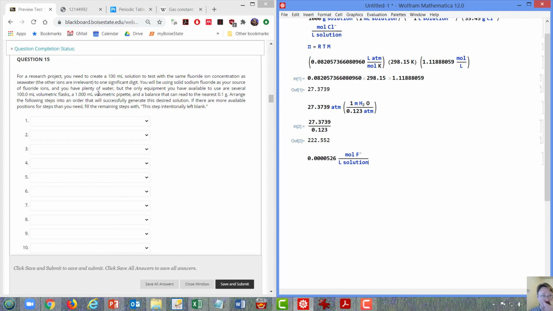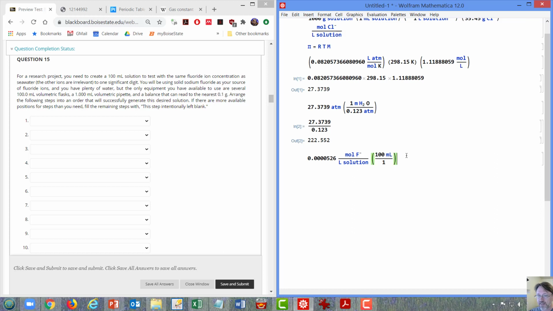And we only can do it using a 100 milliliter solution with volumetric flasks. And we are adding to it, and we are doing this by using sodium fluoride as the source of the fluoride ions. So that means that we want 100 milliliters of the solution. So we're going to take this and multiply it by 100 milliliters. I'm going to put it over 1 so that you can see what's canceling and what's not.